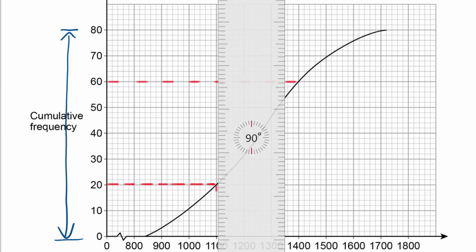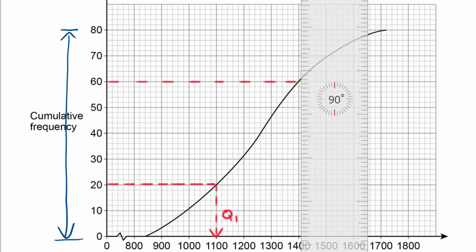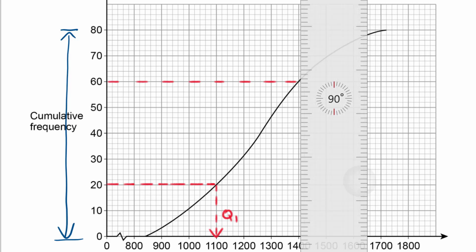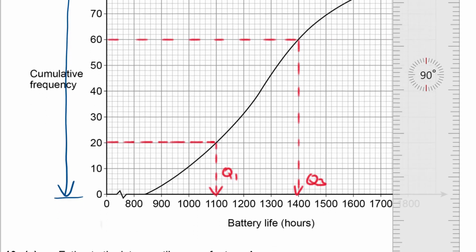So my Q1 is there. Look, that's Q1, the lower quartile. My upper quartile is here. That's Q3, which is 3/4 of the way through.